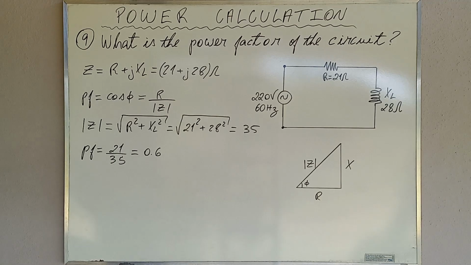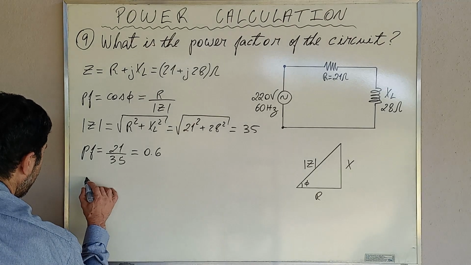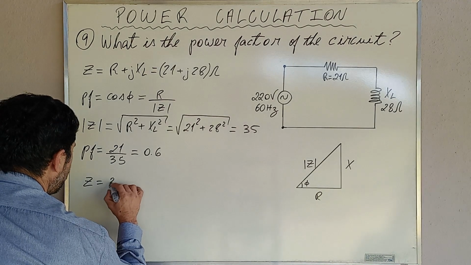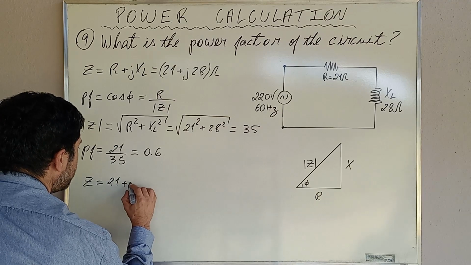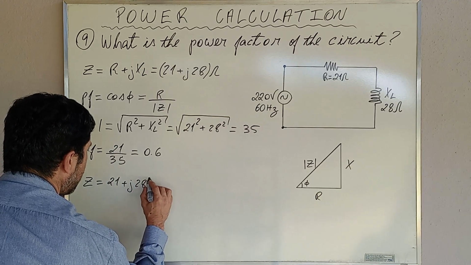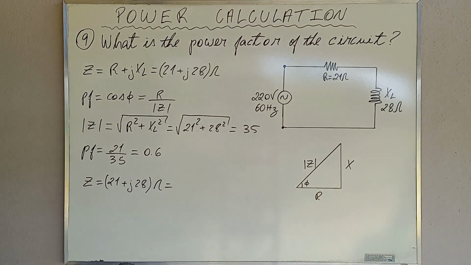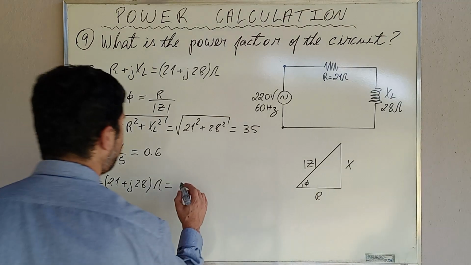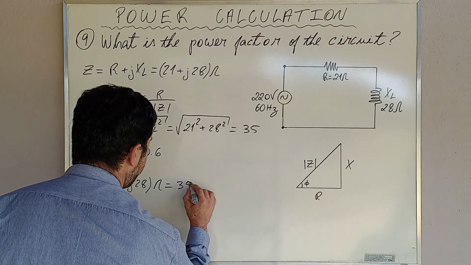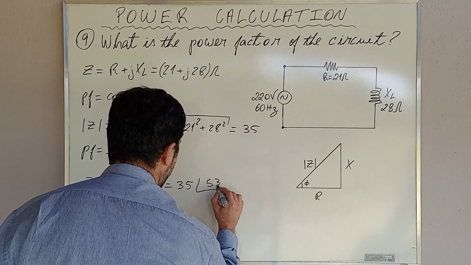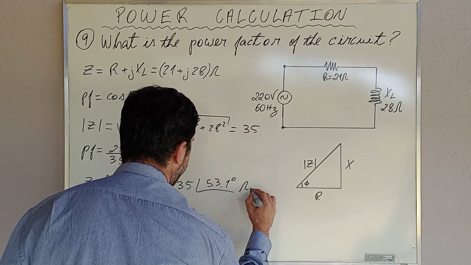The alternative method consists of converting Z from its Cartesian form, 21 plus j28, into its polar form, which is 35 phase 53.1 degrees.